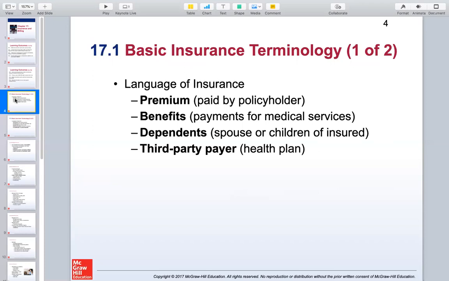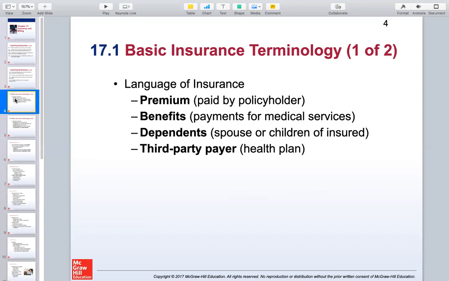You as the front office receptionist or the medical assistant administrator, you will be working very closely with the billing team when it comes to making sure we have the correct insurance entered into the electronic version of the chart, making sure we have the correct member ID and group number, making sure patients' demographics are entered in correctly, and then knowing what the benefits are and knowing what their deductibles, copays, and so forth, those types of things that we'll be discussing.